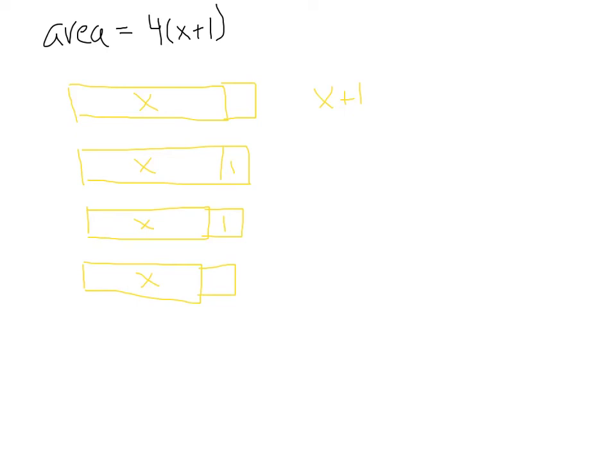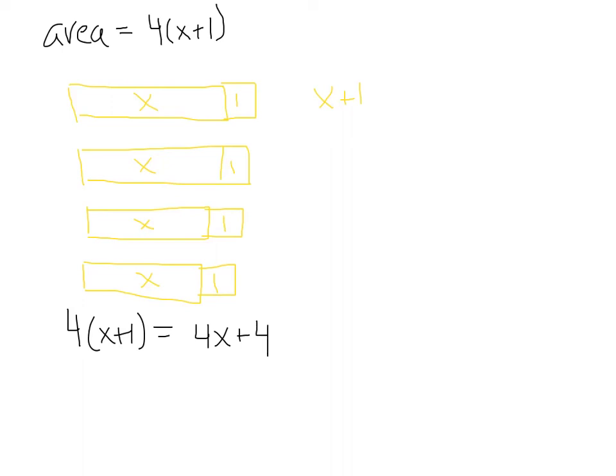So now I've got 4 x's and 4 1's, and I can take a look and see what is the total area. I had 4 groups of x plus 1, and if I look at that and I just count them up, I would see that I have 1, 2, 3, 4 x's plus 1, 2, 3, 4 just single units. So that equals 4x plus 4.